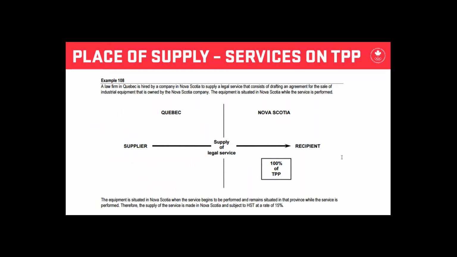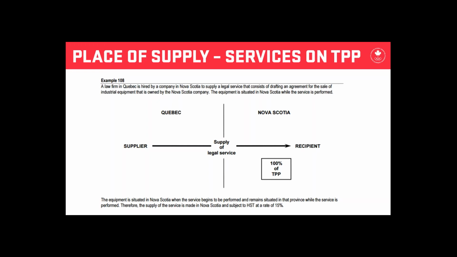A law firm in Quebec is hired by a company in Nova Scotia to supply legal services that consist of drafting an agreement for the sale of industrial equipment that is owned by a Nova Scotia company. The equipment is situated in Nova Scotia while the service is performed.